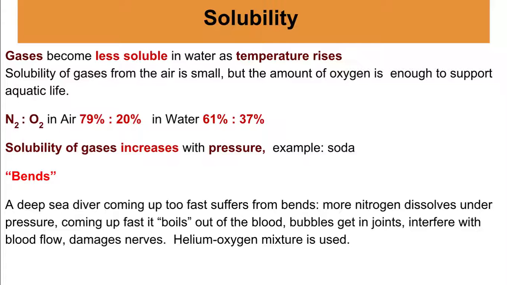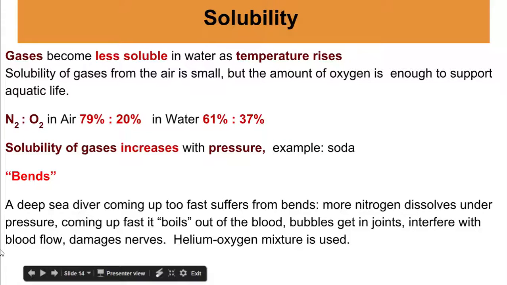Now, I want to talk a little bit about the bends. I've mentioned them before. A deep sea diver coming up too fast suffers from the bends, we said. From the blood, bubbles of nitrogen gas come out and lock in the joints or get in the blood and interfere with the nerves and create problems. Why does this happen? It has to do with the solubility of gases. We said solubility of gases increases with pressure.